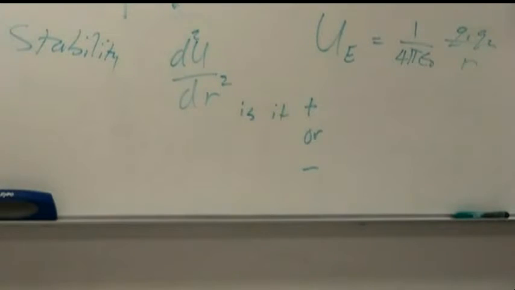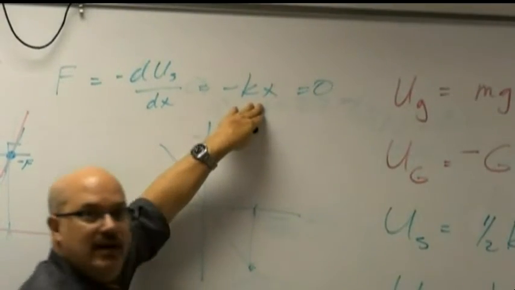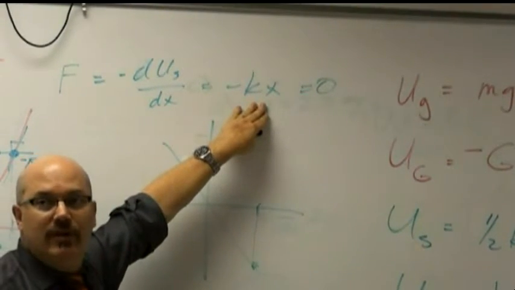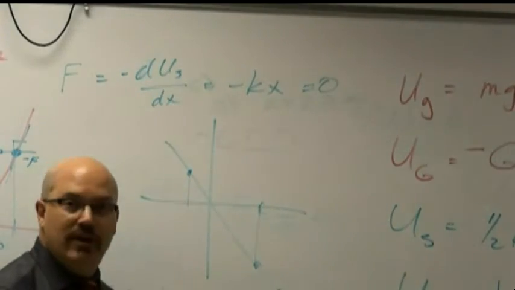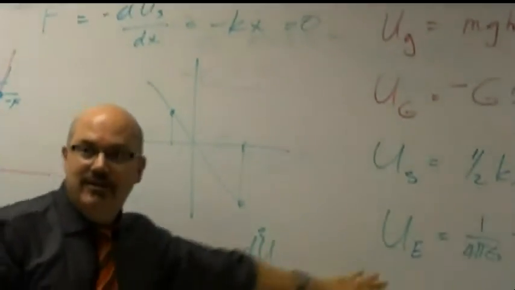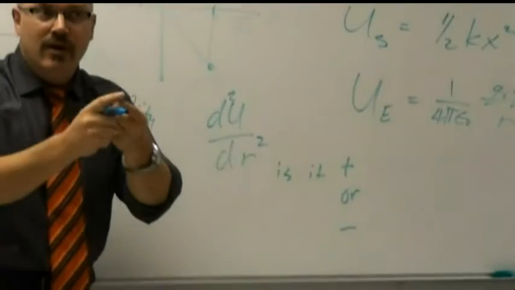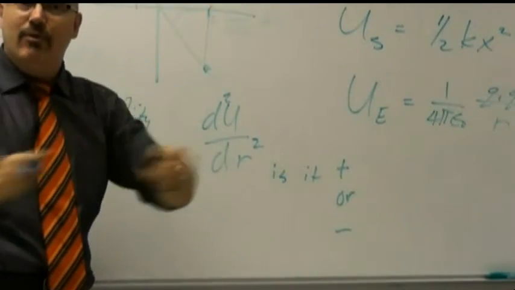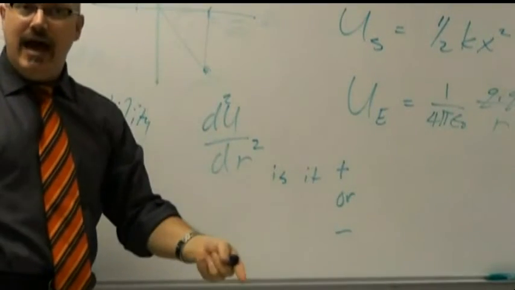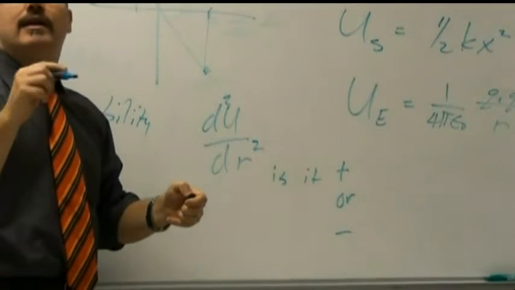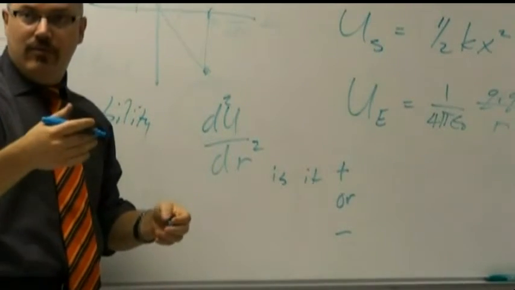Where the force equals 0, right? So you take the first derivative and you set that equal to 0. Every place there will tell you where you have an equilibrium point. You take the second derivative, plug in that same spot, check to see if it's positive or negative. If it's positive, it's concave up, and it'll be a stable position. If it's concave down at that 0 spot, then it will be an unstable equilibrium.